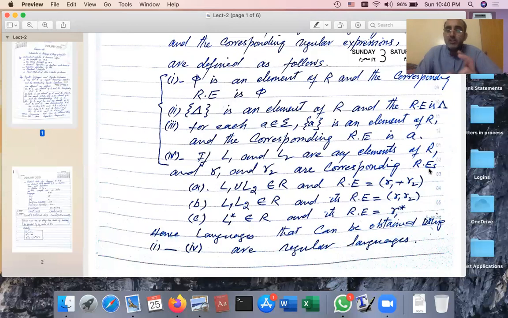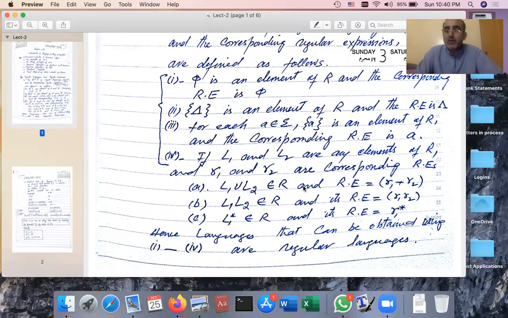And if that is the situation, then we have 3 more conditions that we have to check for the regular language. The first condition is that you have to take the union, L1 union L2, where L1 and L2 are elements of that regular language.